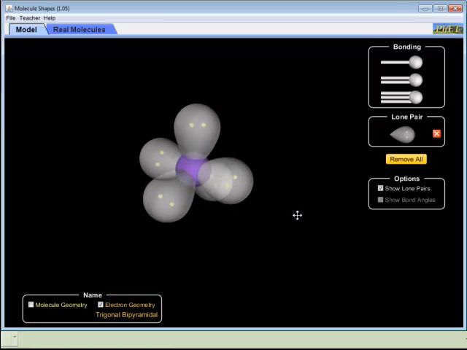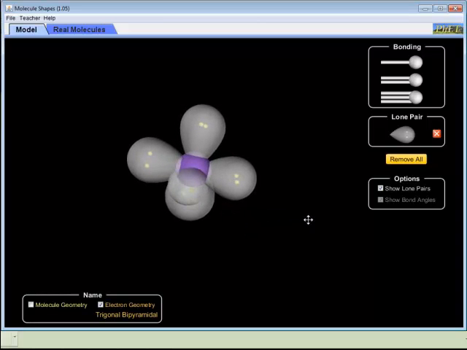As you can see, these 3 groups are on the same plane, and these two groups look like a stick going perpendicular right through it. If I rotate it, you can see it much better.